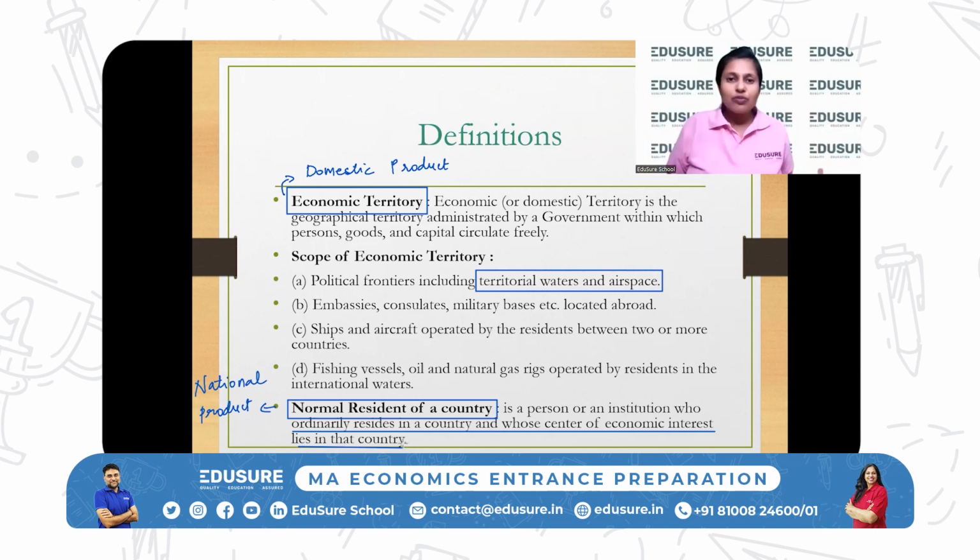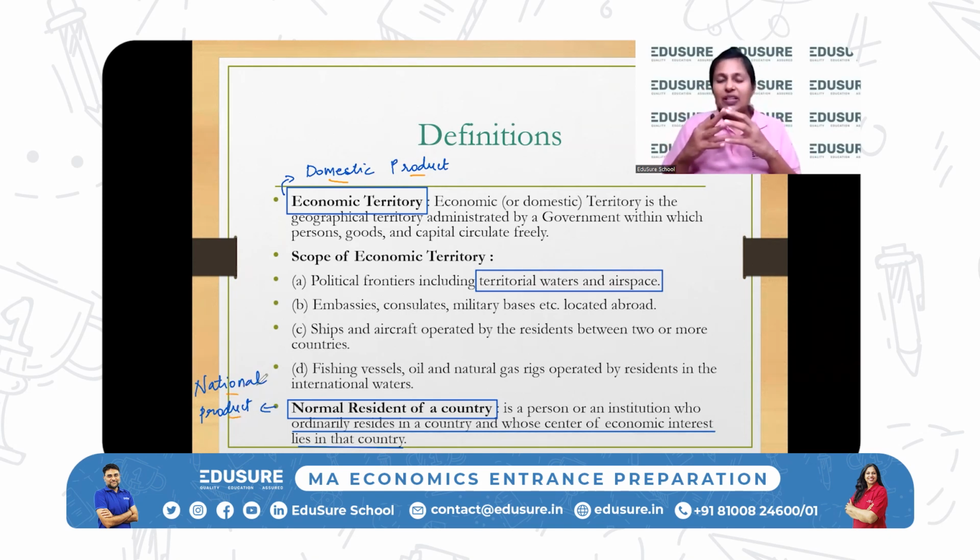But he may be traveling all over the world for most of the time of the year. So he is still called a normal resident of India, and the income generated by him will be, so if let's say he owns a company in Zimbabwe, so that company's earning will be a part of the domestic product of Zimbabwe, but will be part of the national product of India.